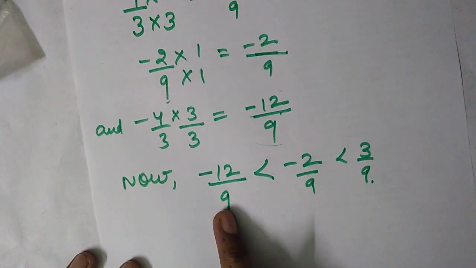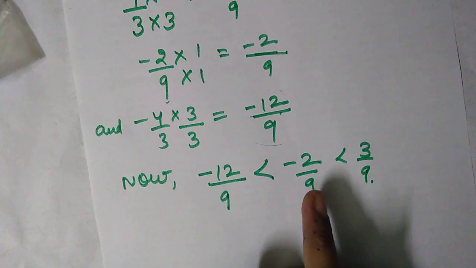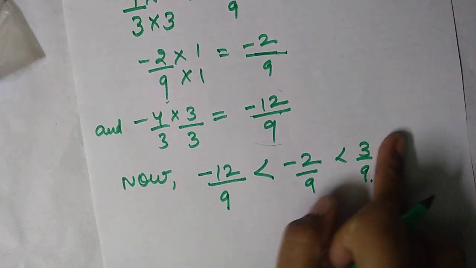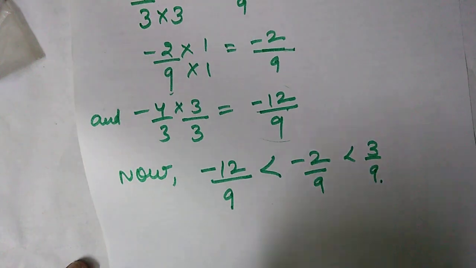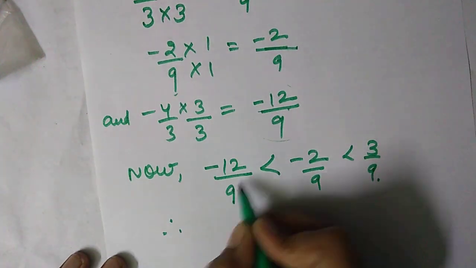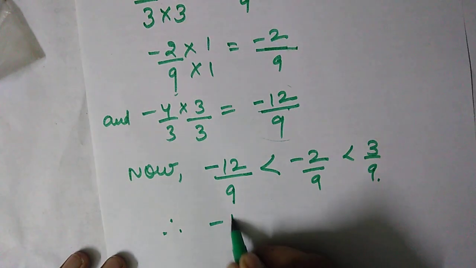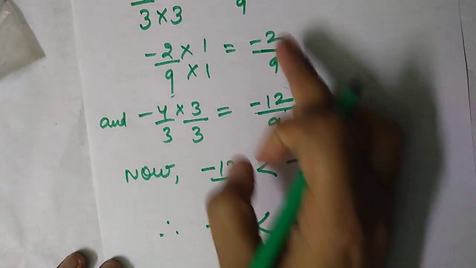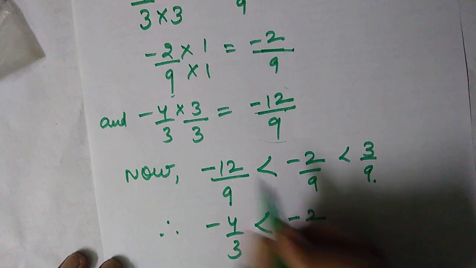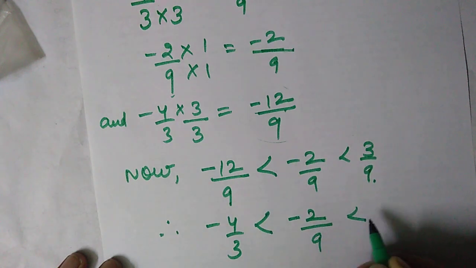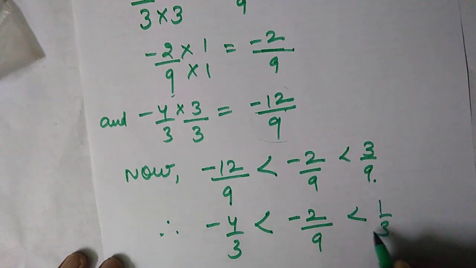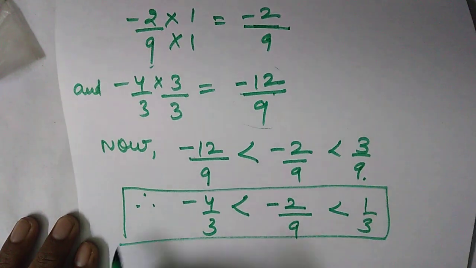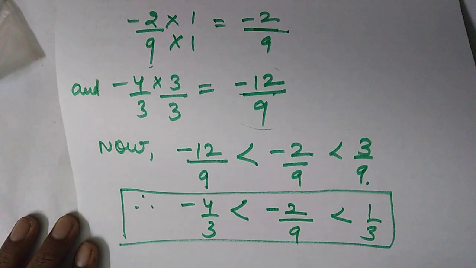Therefore minus 4 by 3 is less than minus 2 by 9, and then 1 by 3. So this is your question number 10, and this is your exercise 9.1.